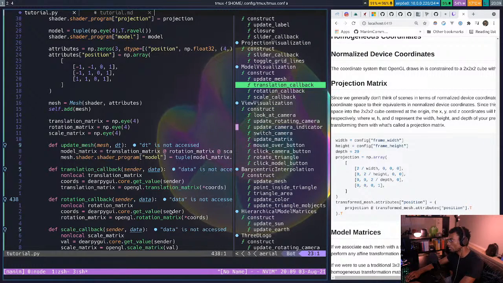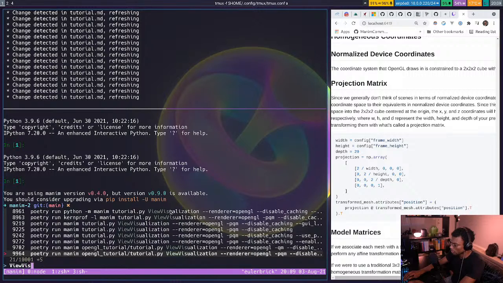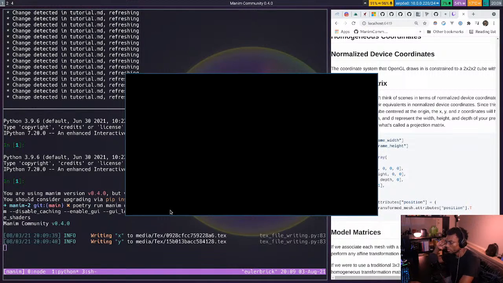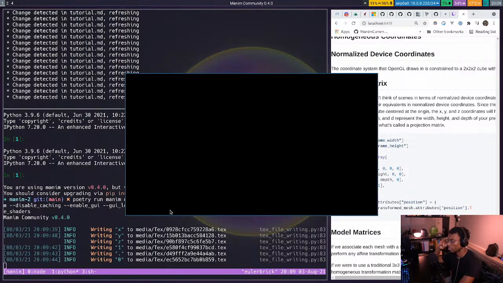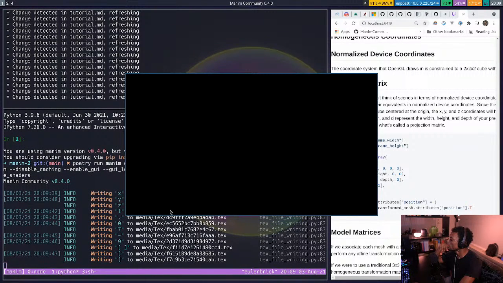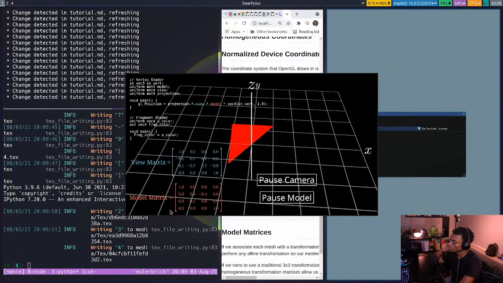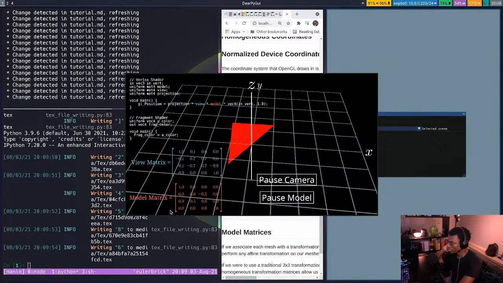And I think that would demonstrate that really nicely. I'm so proud of the view visualization. I put so much work into it. Although it does need a cache to get going.